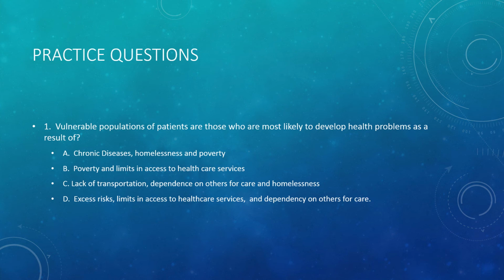If you'd like to pause once I read the question, take a look at the answers, and then come back and listen, that's perfectly fine. The answer for that one would be D. When we talk about vulnerable populations, those are members of a community that have excess risks, limits in access to healthcare services, and they are dependent on others for care. So that is an example of a vulnerable population.